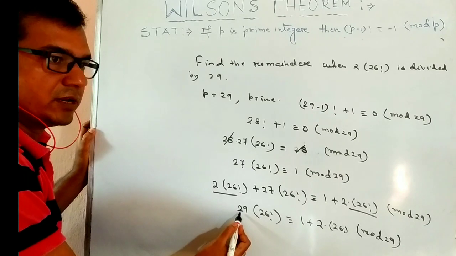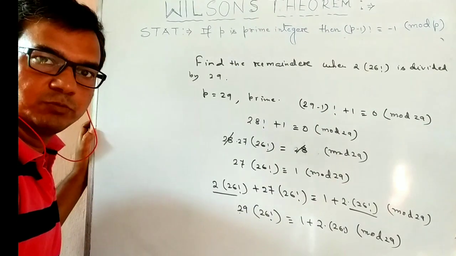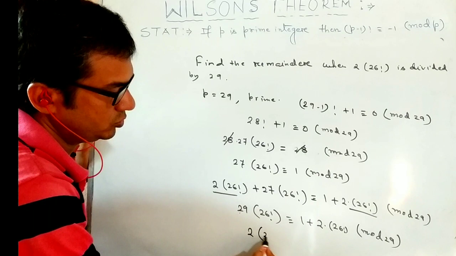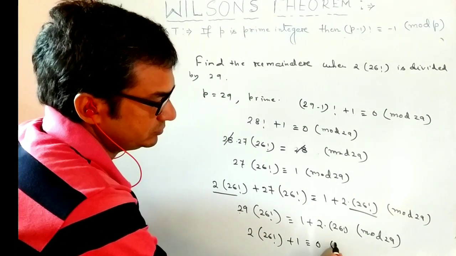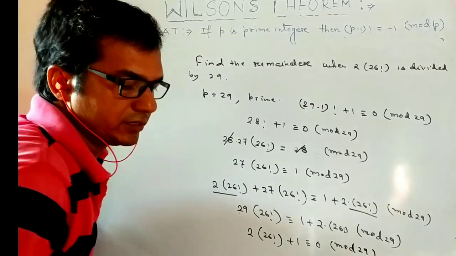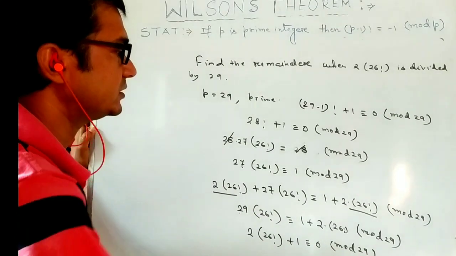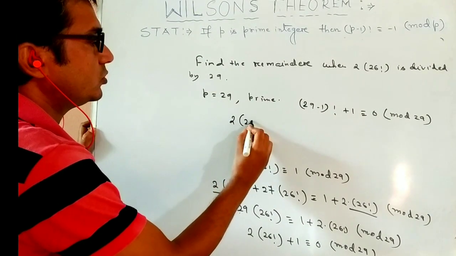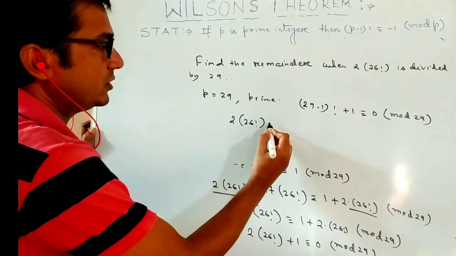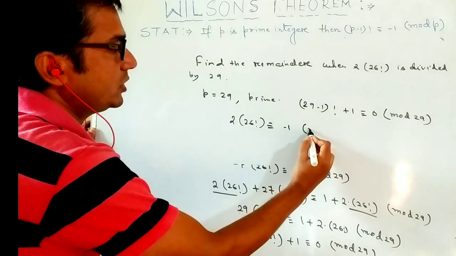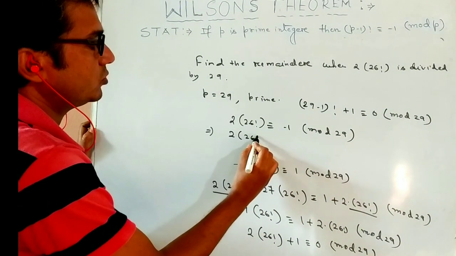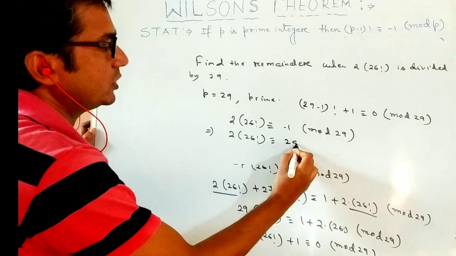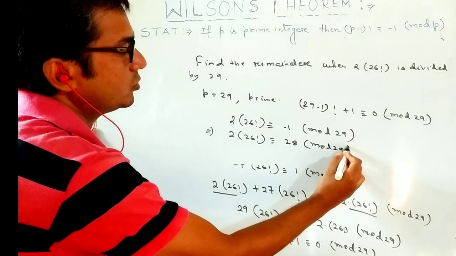And since 29 is congruent to 0 modulo 29, that is 2 into 26! + 1 ≡ 0 mod 29, that is 2 into 26! ≡ -1 mod 29, that is 2 into 26! ≡ 28 mod 29.